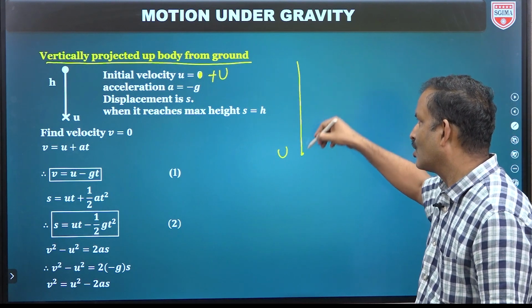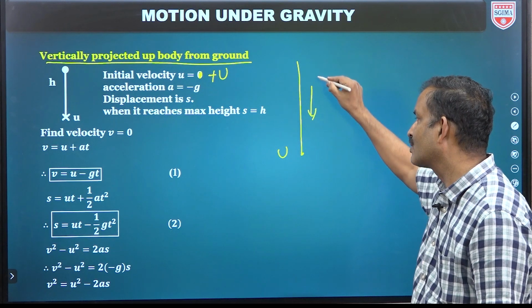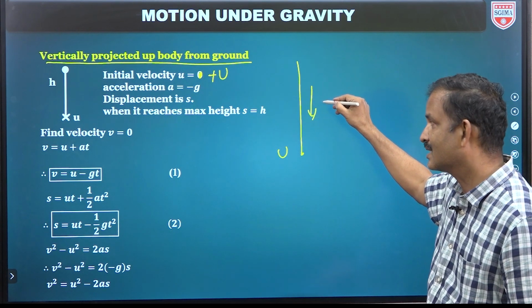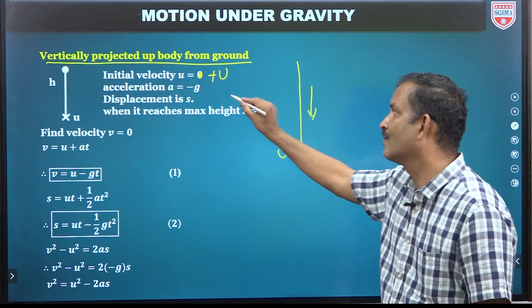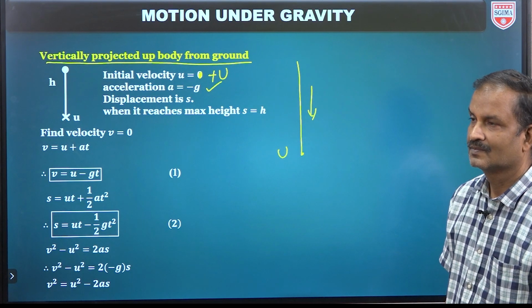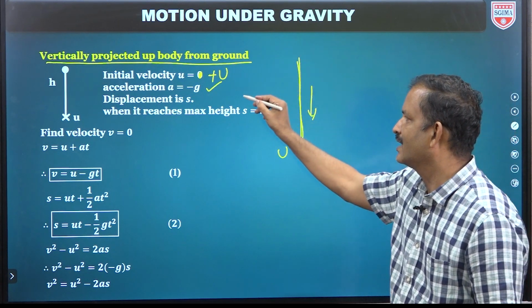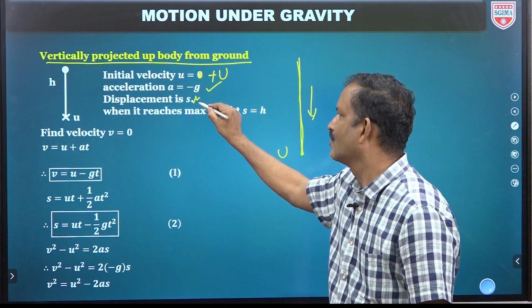Acceleration is downward: the body is going upward, but the gravitational force is acting downward. So, due to that gravitational force you are getting acceleration, downward. Downward quantity I am taking as minus g. Displacement, it is going upward, displacement S is positive.